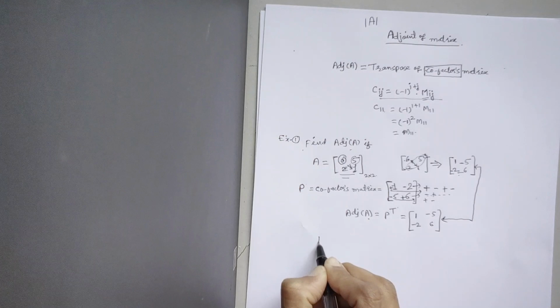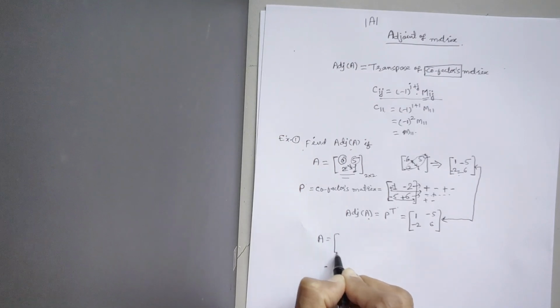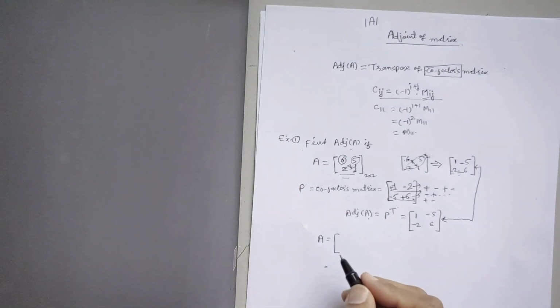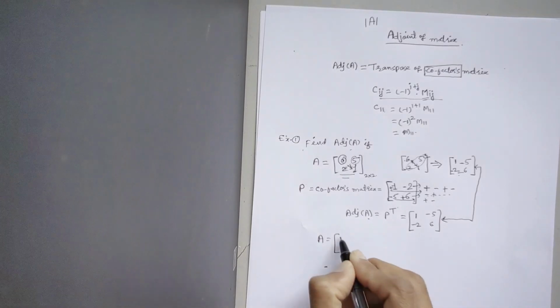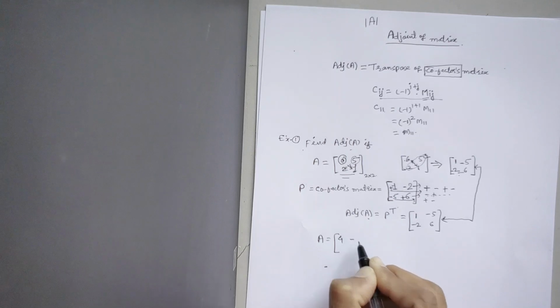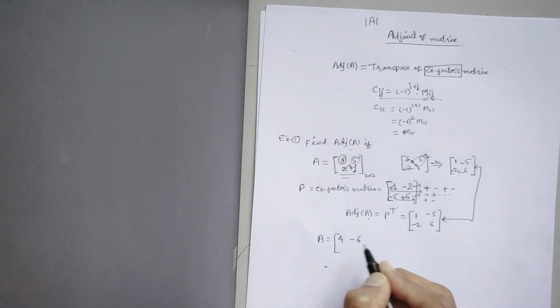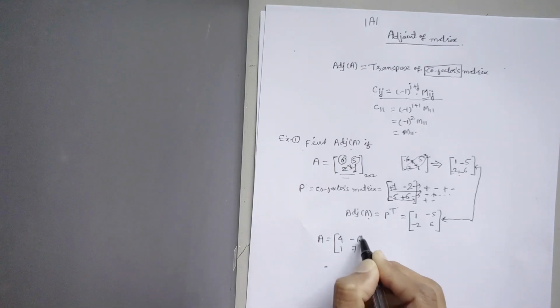For example, suppose I have the matrix 4, -6, 1, 7.